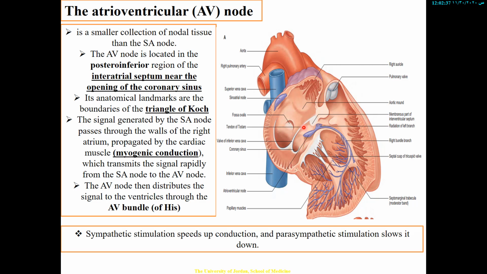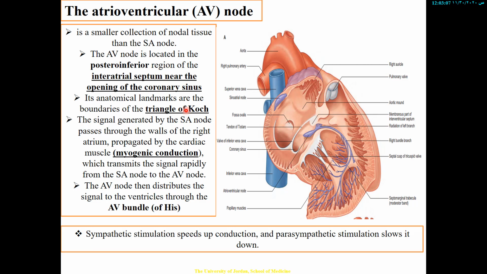The AV node, its location is also very important. This is what matters in anatomy. It is located in the posterior inferior region, near the coronary sinus. Of course, there is the complicated triangle between the coronary sinus, the eustachian valve and the tricuspid valve, the triangle of Koch.